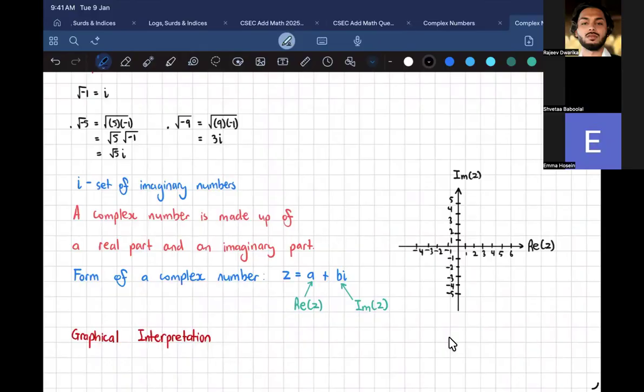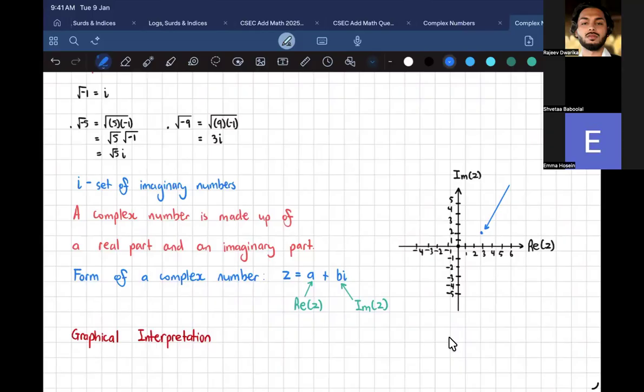Shweta, if I were to put a point over here, how would I write that complex number? As the coordinate, it will be 3, 2i.